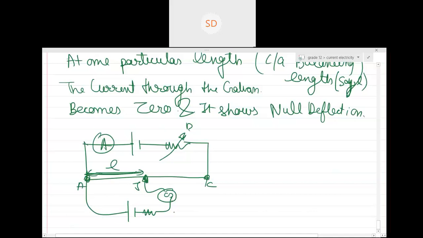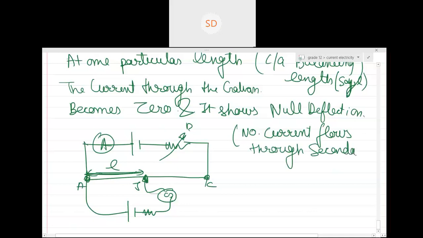That is, no current is going in this branch. All of the current is going only in the primary circuit. At this point, no current flows through the secondary circuit, only the primary circuit has current flowing.